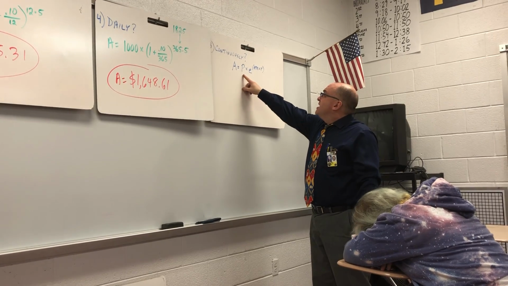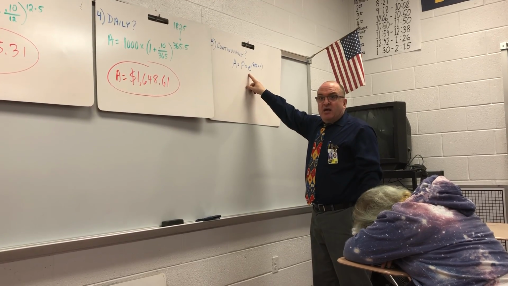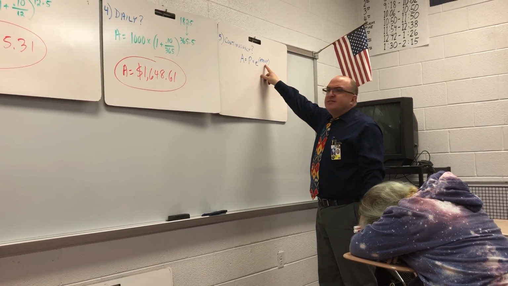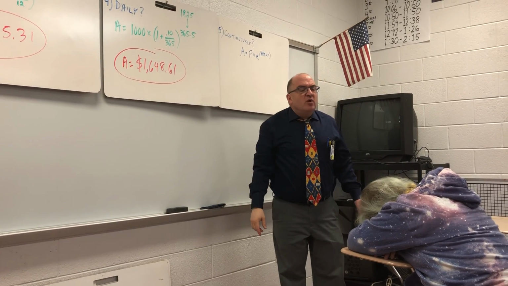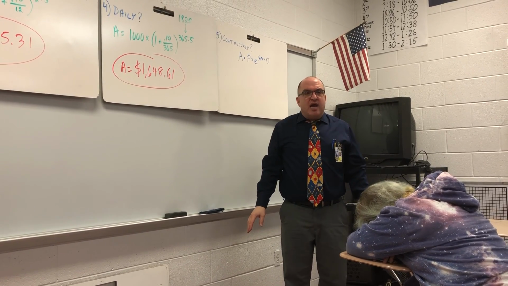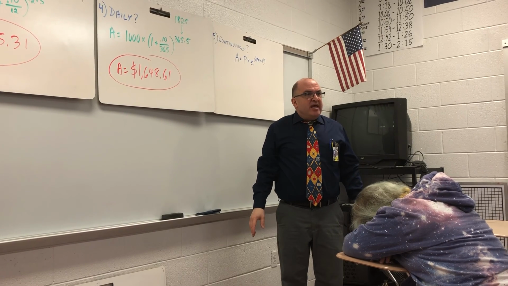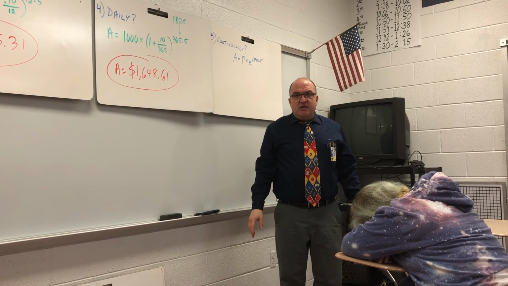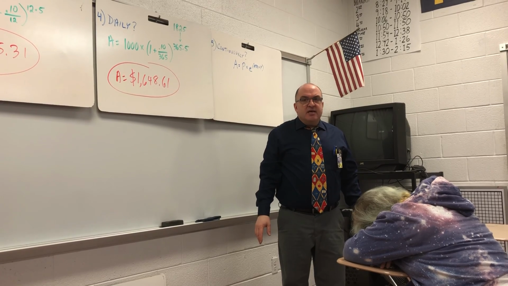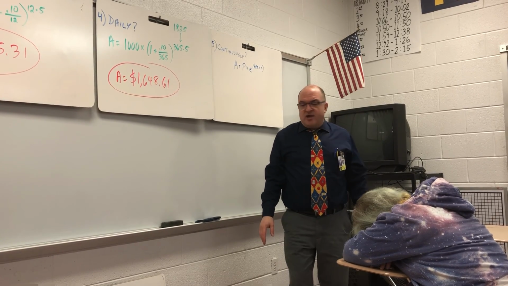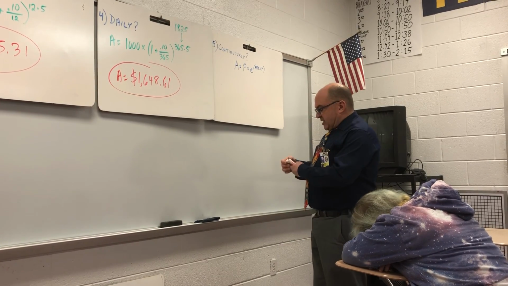A equals P times e to the percent times the number of years. Ladies and gentlemen, you will have to look on your calculator. Everybody has it. It's an e key. I'm going to help you find your e key on your calculator. But here's how it works.